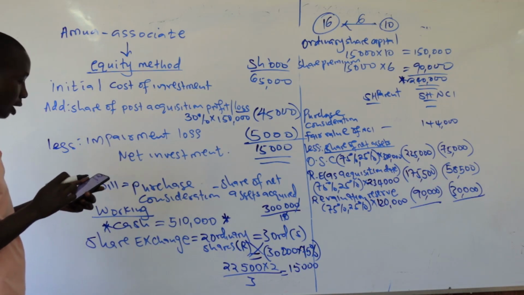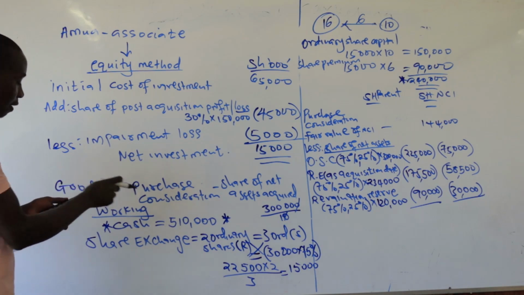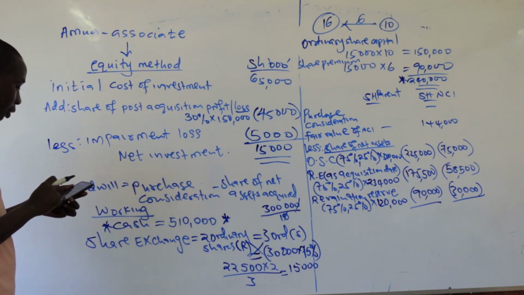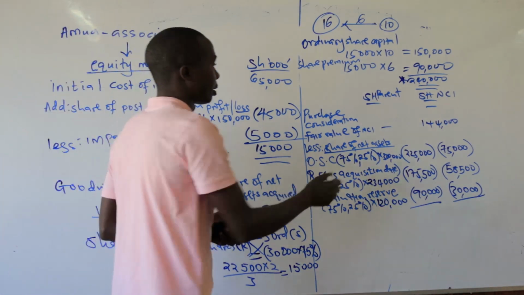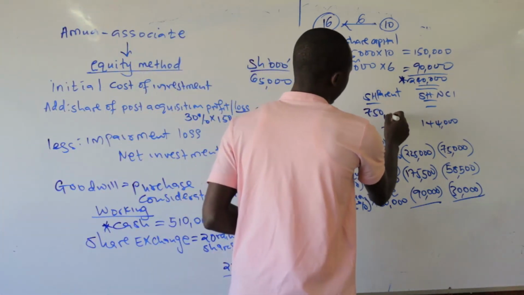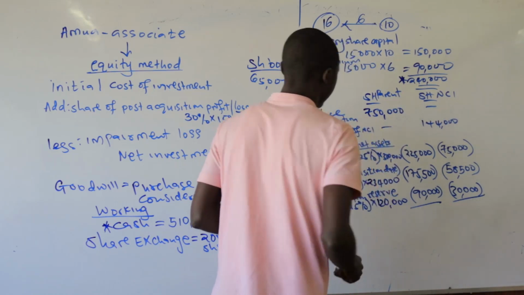So I have to add the cash, which is 200, that is 510 plus 240, so that is 750. So this one is supposed to be 750,000.